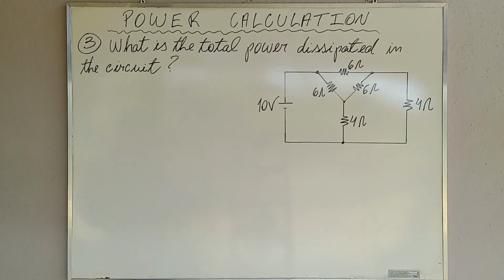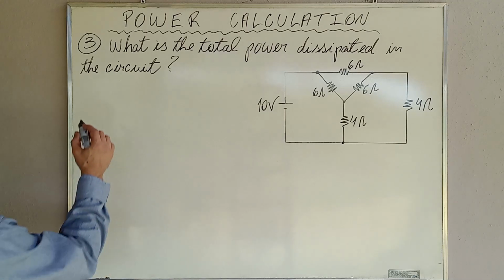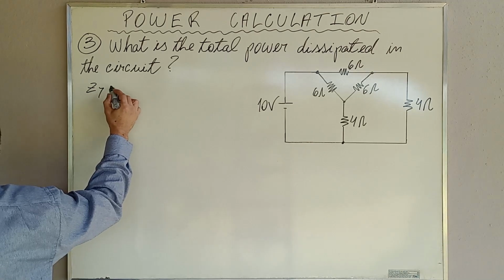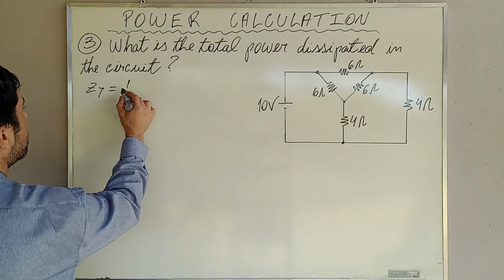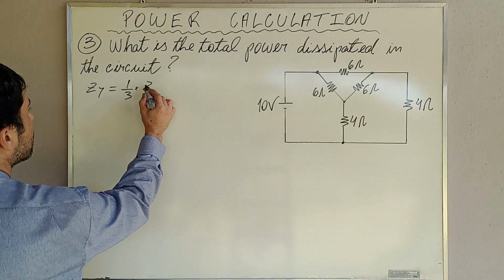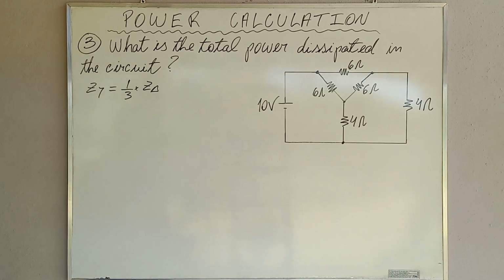Observe that there is a delta in the circuit. In this configuration, we will not be able to find the equivalent resistance. Thus, it is necessary to convert the delta into a Y. Remember that the impedance of the Y configuration is a third of the impedance of the delta configuration.